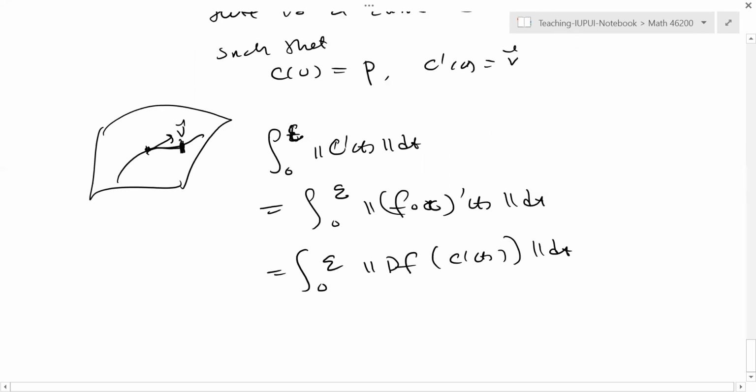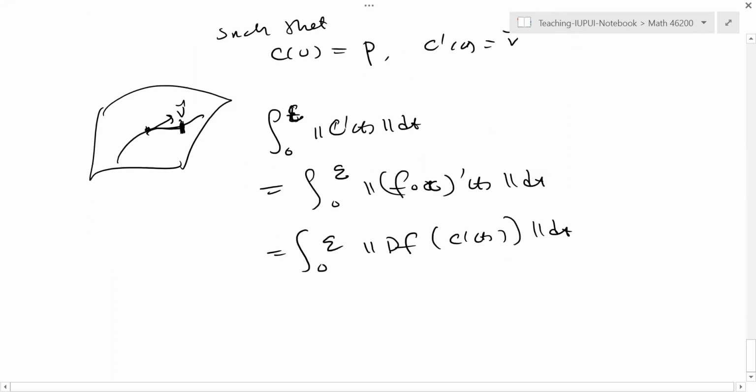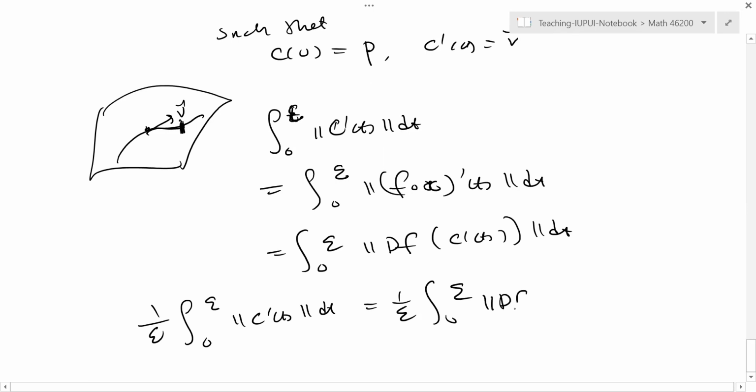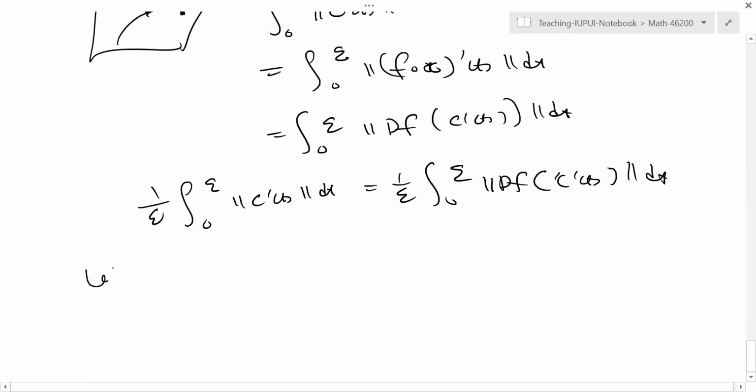Now so far it's okay, right? So what is the next step? Next step is divide by epsilon on both sides. Then you let epsilon go to 0 from the positive side. So the left hand side is the norm of c prime.